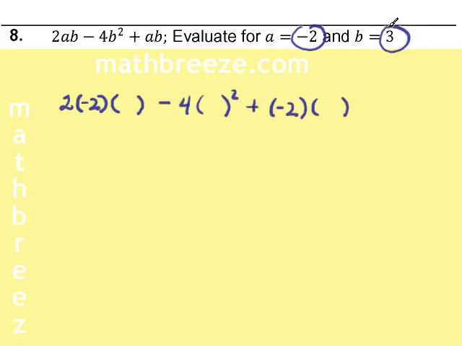And b is equal to 3, so we're going to put that b here, we're going to put it here, and we're going to put it here. All right, let's do our exponent first. So here we have 2 times -2 times 3 minus 4 times 3 squared, minus 4 times 9.